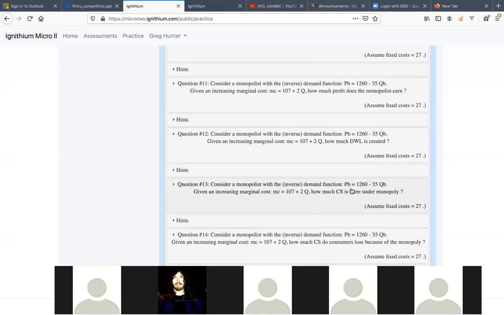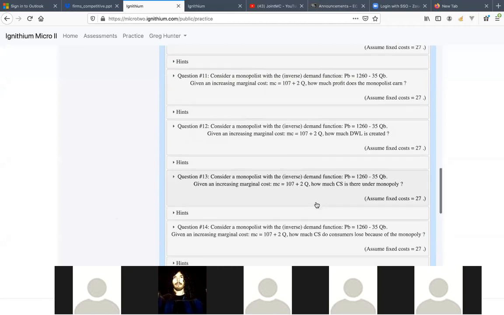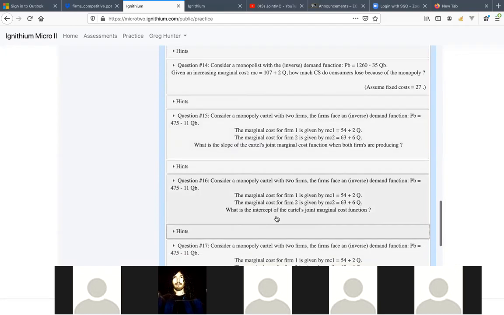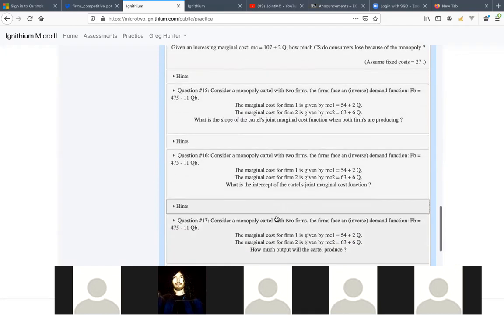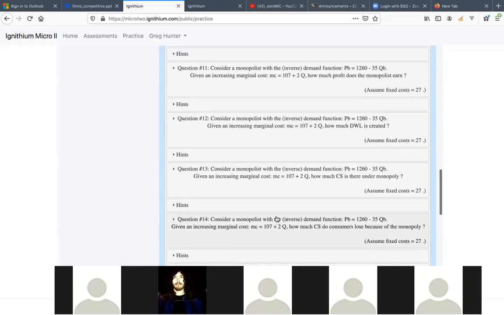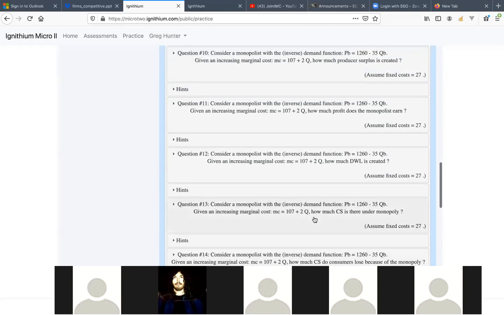It's where marginal revenue is equal to marginal cost, right? I'm looking now at question 13. I don't know if you solved those problems yet, but it's the same technique. The only thing that's different down here at the bottom is we don't know the marginal costs, but the marginal costs that we're supposed to use in question 13 are given.